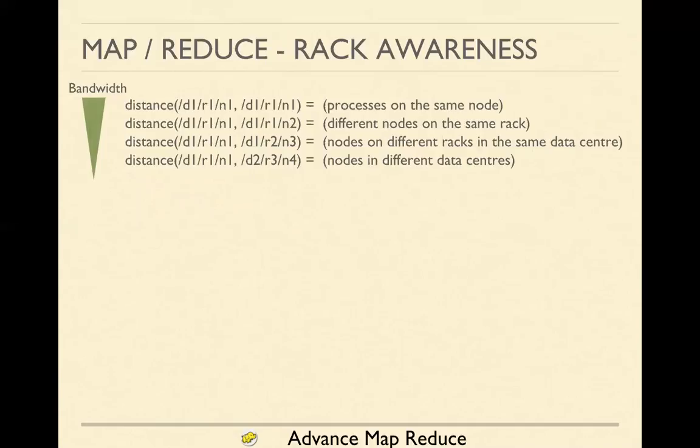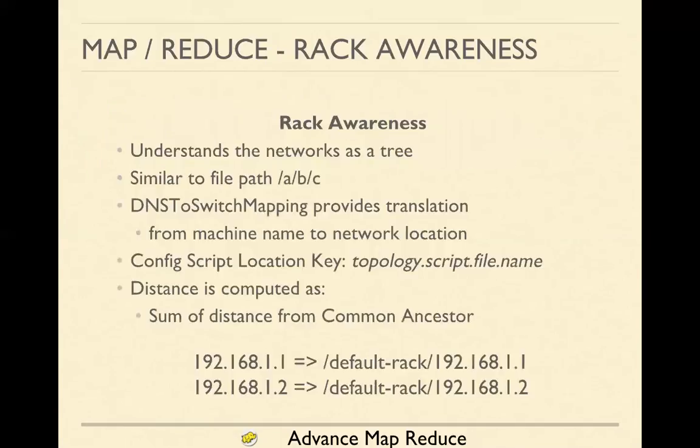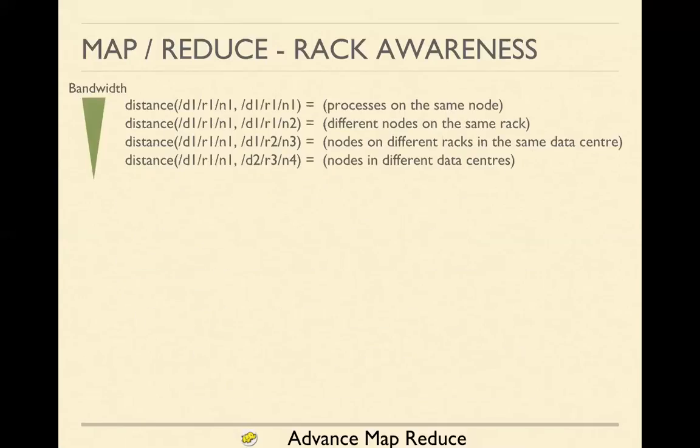The distance between node 1 and node 2, and the way we count the distance, is computed as the sum of the distance from the common ancestor. The common ancestor between n1 and n2 is r1, and the distance of n1 from r1 is 1, n2 from r1 is 1, and therefore the distance between n1 and n2 is 2.